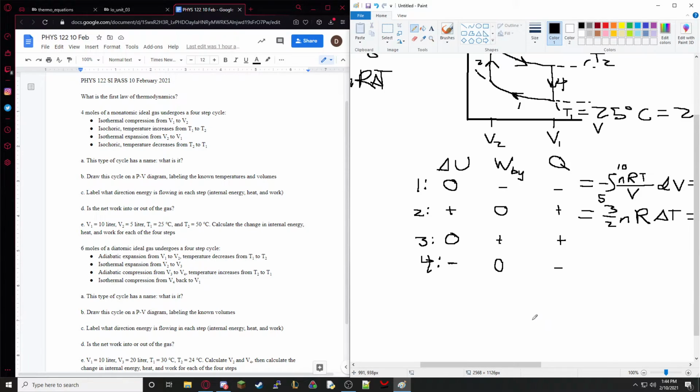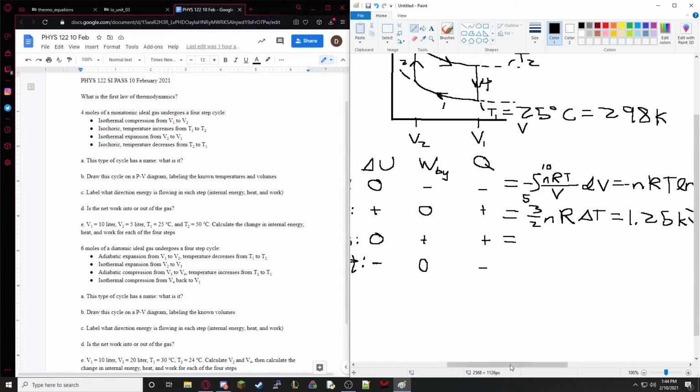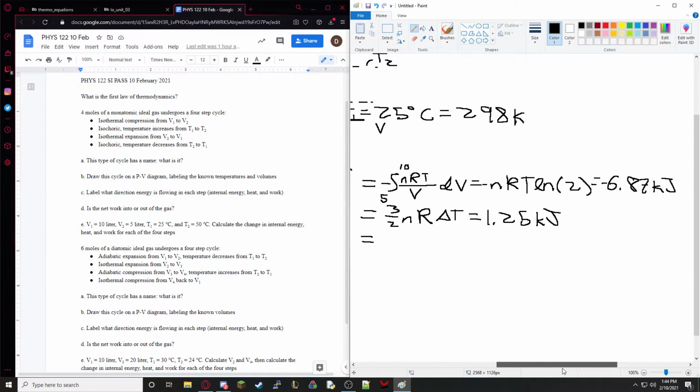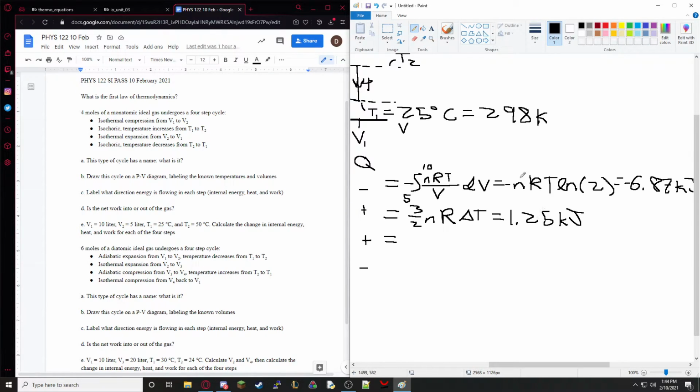Now for step 3, we want to calculate the work being done by the gas, and that would also be equal to the heat flow. It's the same process as step 1, where we just have a different temperature, so we plug in our higher temperature, which would be 50 Celsius, which converts to Kelvin as 323.